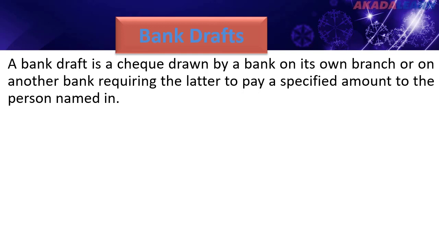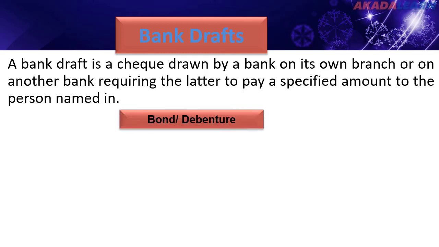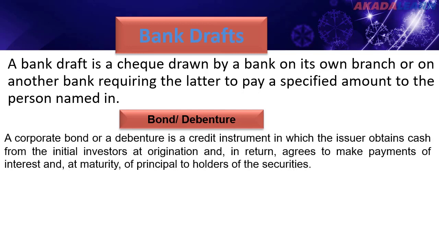The next one is debenture or bonds. A corporate bond or a debenture is a credit instrument in which the issuer obtains cash from the initial investors at origination of the business and in return agrees to make payment of interest and at maturity of principal to the holders of the securities.